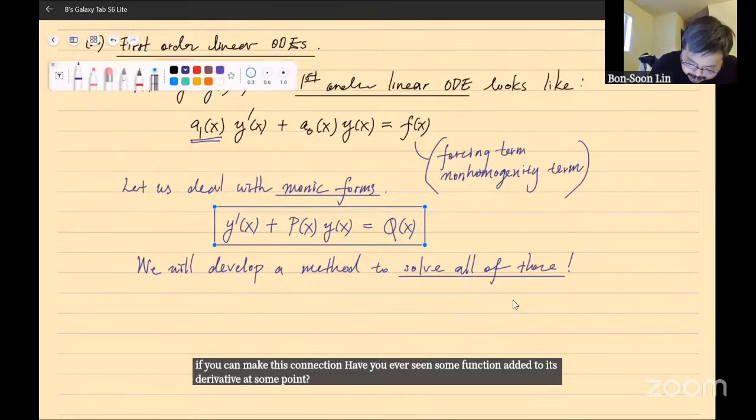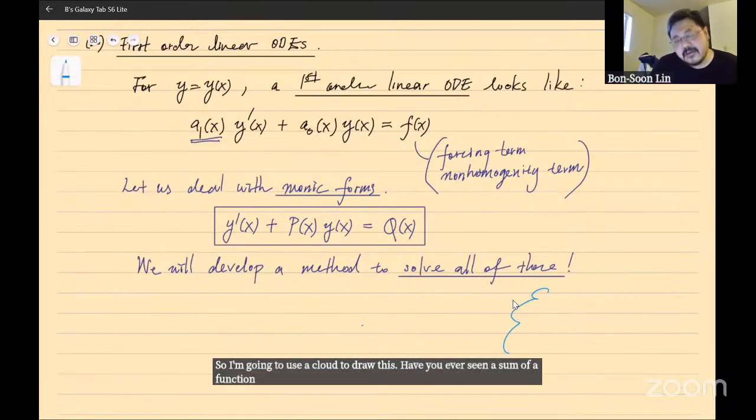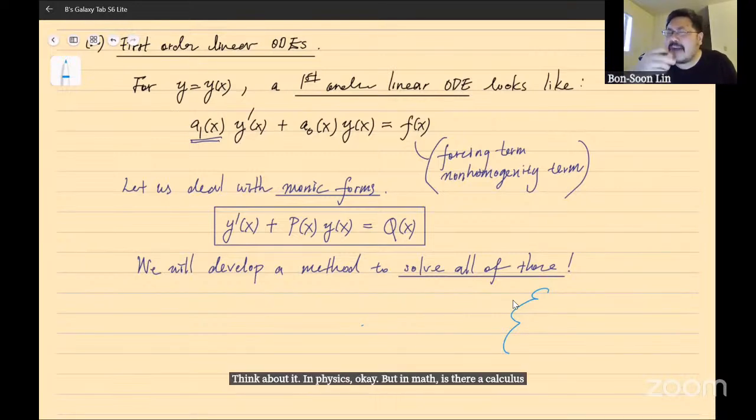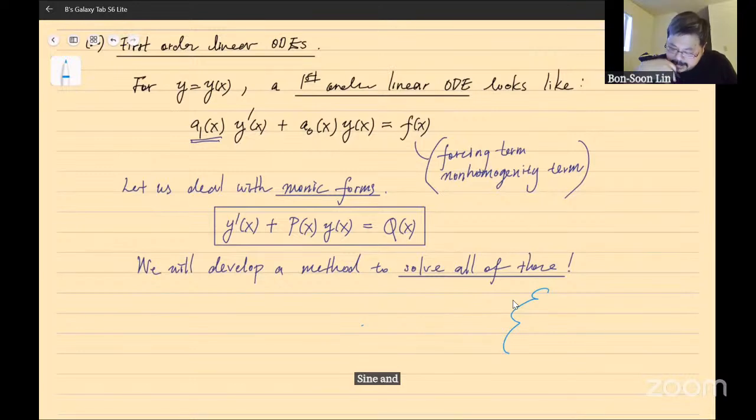Have you ever seen a sum of a function with its derivative ever? Think about it. Yes, in physics. In physics, okay. But in math, is there a calculus situation where you have a sum that involves the function and its derivative? Sine and cosine? Sine and cosine, okay.